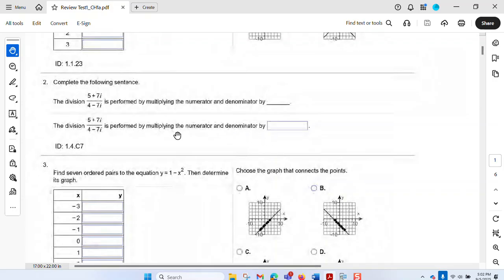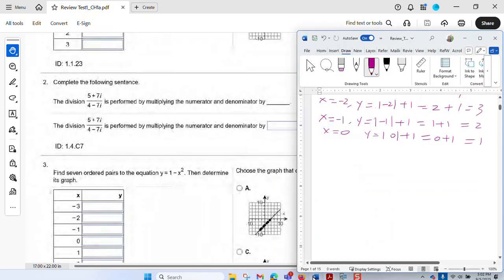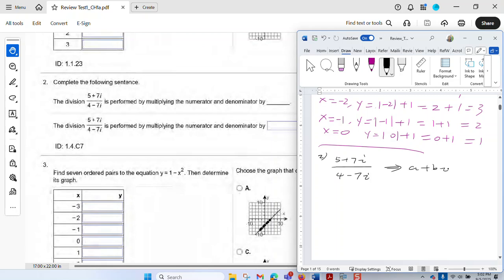So when I'm talking about this, it is if I want to get rid of i from the denominator. Okay, that's section 1.4. I know you probably hear this a little bit ahead of your current content. But if I want to change this whole thing into a plus bi, right? That means we want to get rid of i from the denominator. i is a complex number, okay?